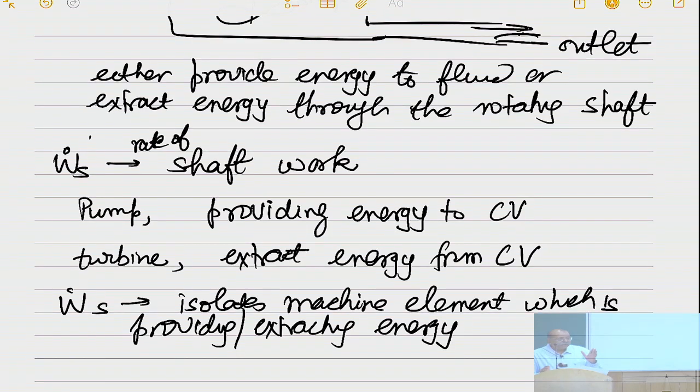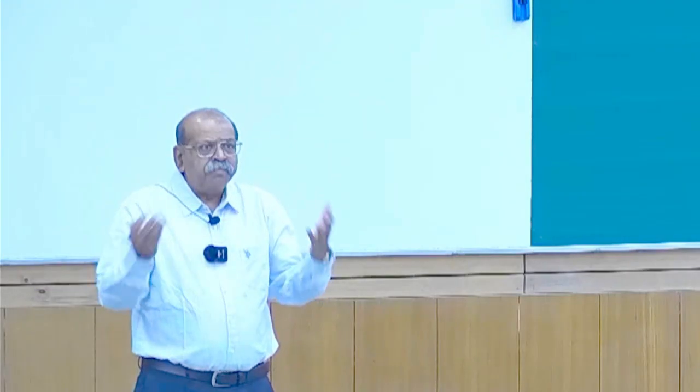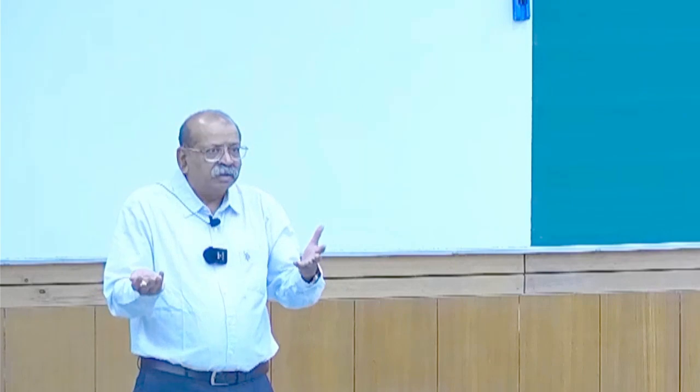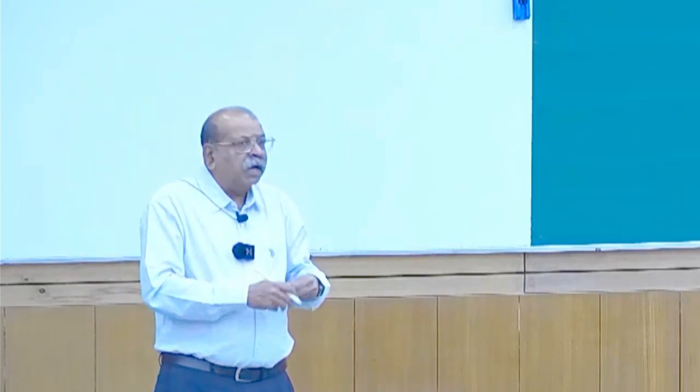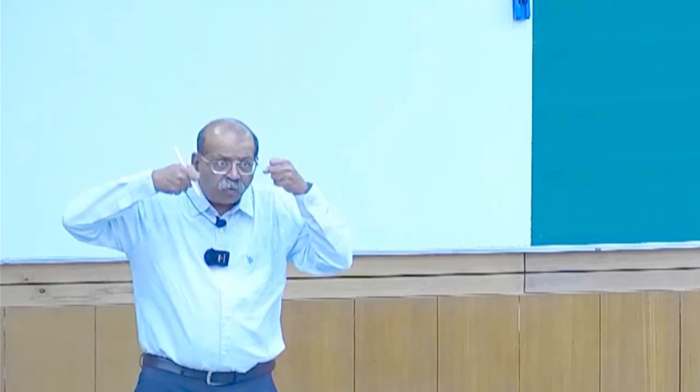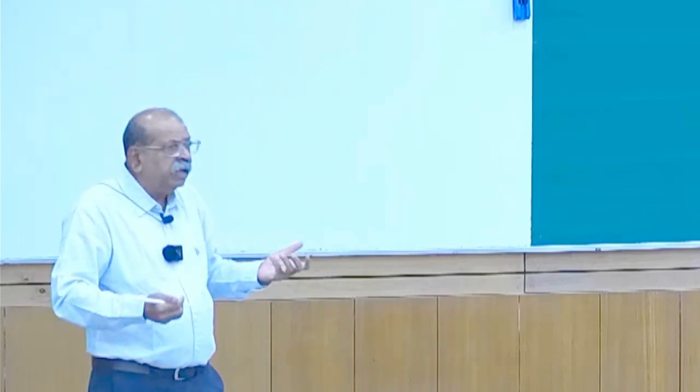And given our definition, this is work done by the system. Which will be positive, pump or turbine? This is work done by the system. So therefore, turbine will be positive, and work done by pump is energy being provided to the system, so this will be negative.